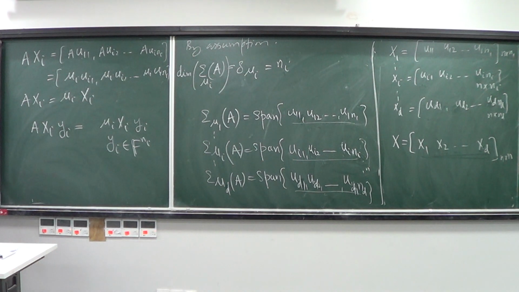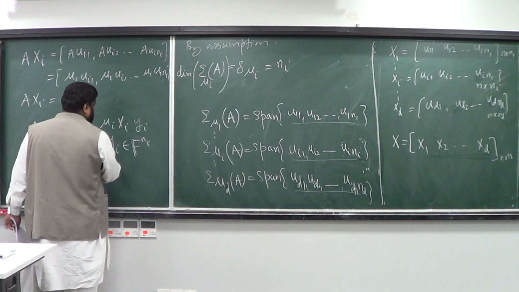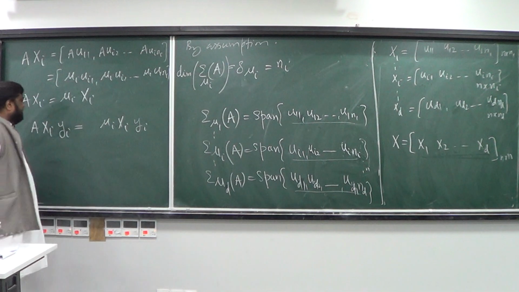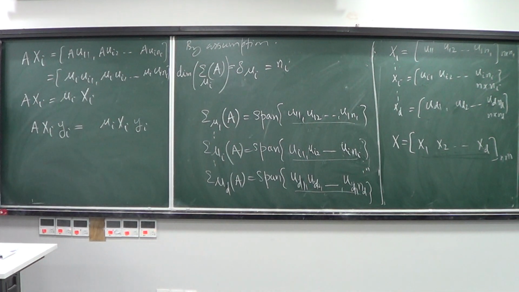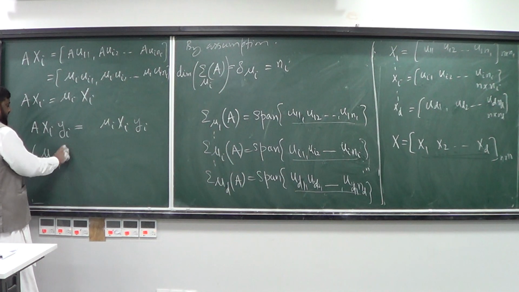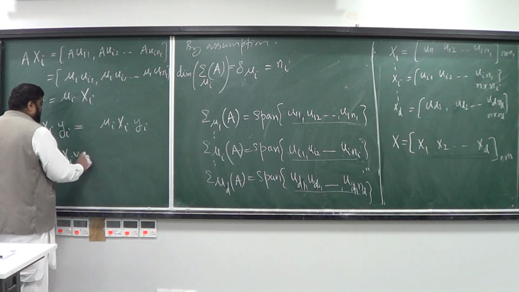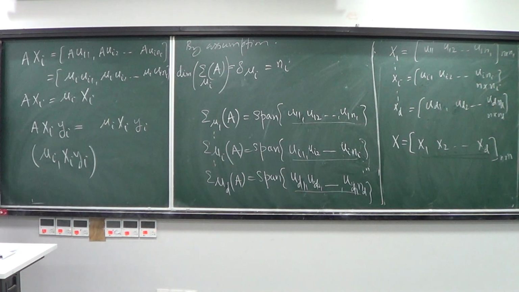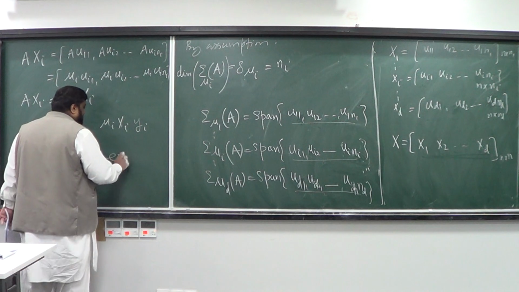And then now, what follows actually? Okay, what follows from here is that this mu_i and X_i y_i, mu_i and X_i y_i, this is an eigenpair.